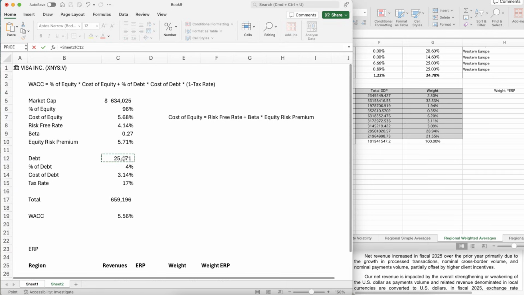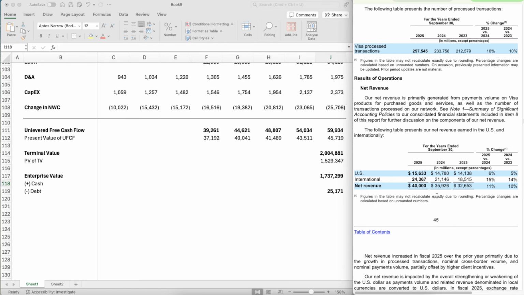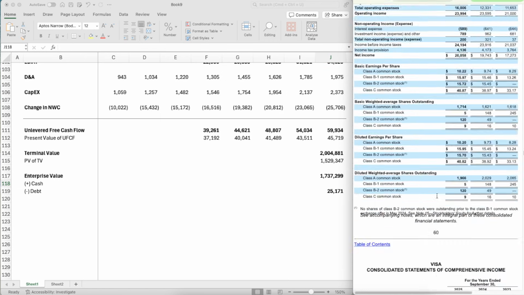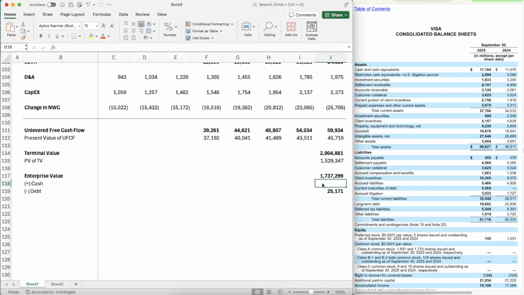So we take the debt, but for the cash, come back to the balance sheet. We have this one. It's 17164 plus 2990. There we go.